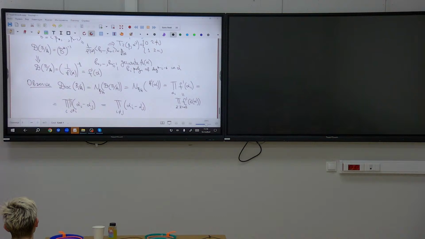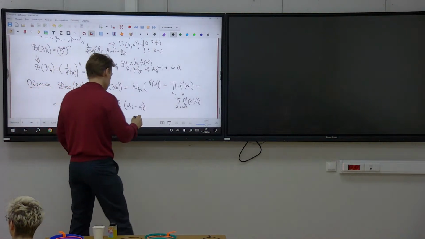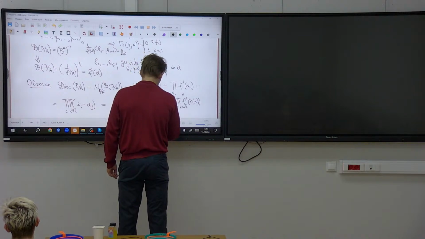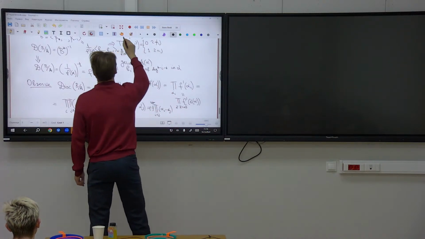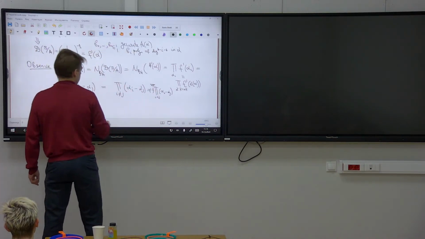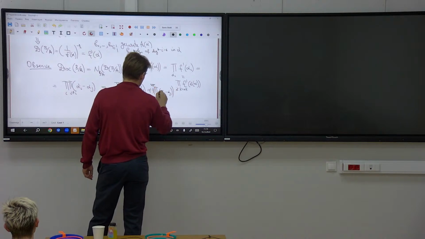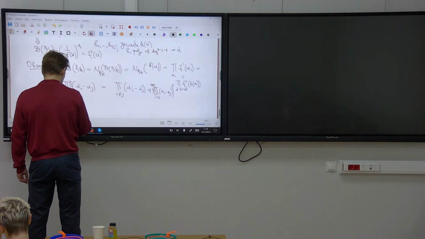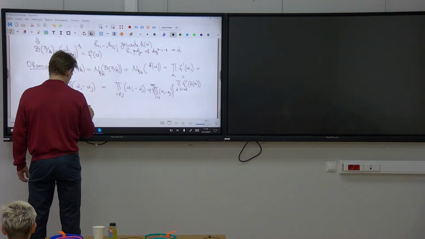It is a square of the Vandermonde determinant, up to minus 1 and some sign, of alpha_i minus alpha_j where i is less than j. So this is precisely a square, just the Vandermonde determinant of alpha.